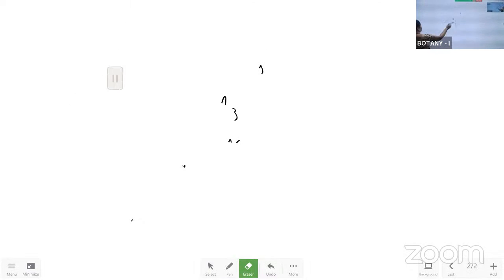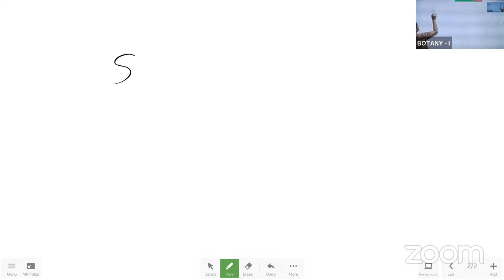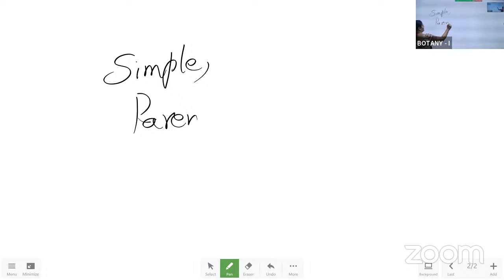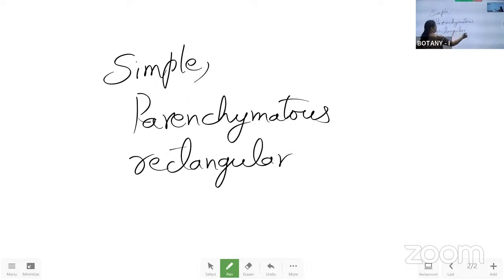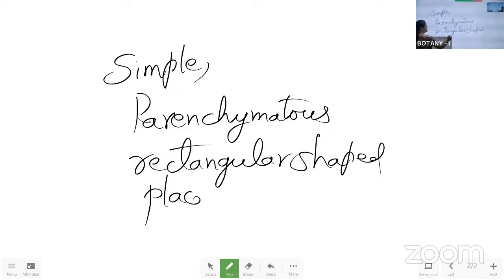I will write the words over here, what I am using now. The epidermal cells are simple parenchymatous, rectangular shaped and placed without intercellular spaces.